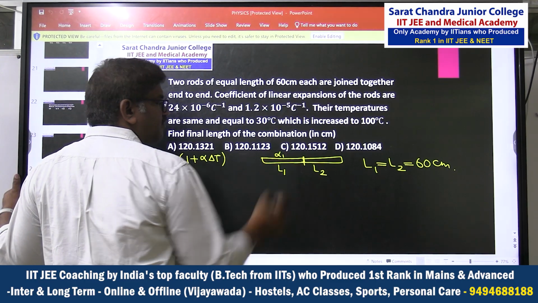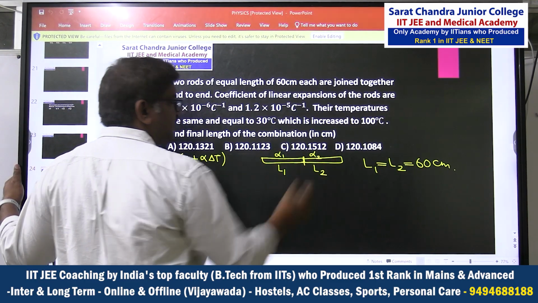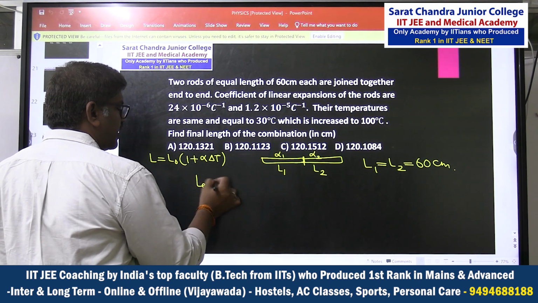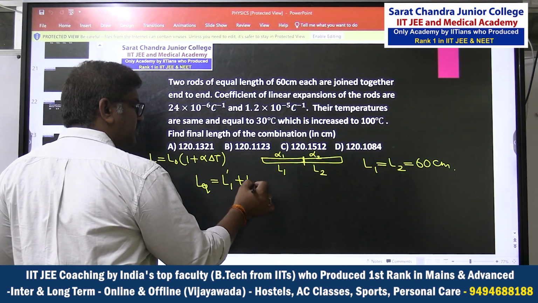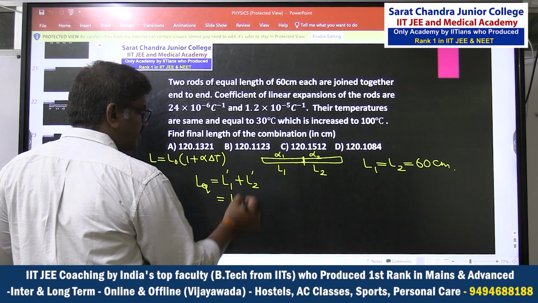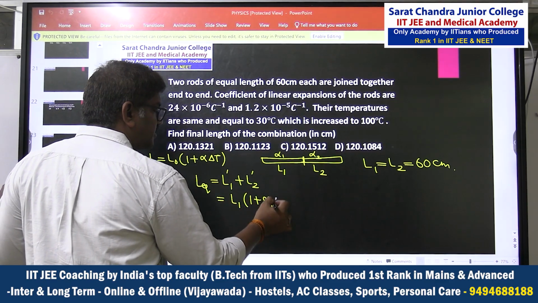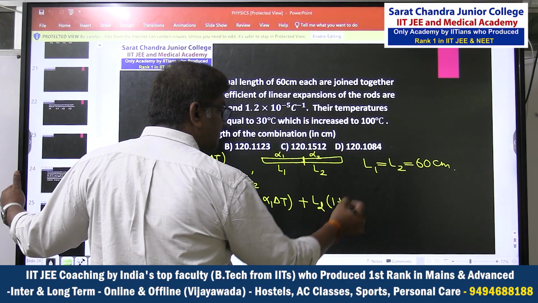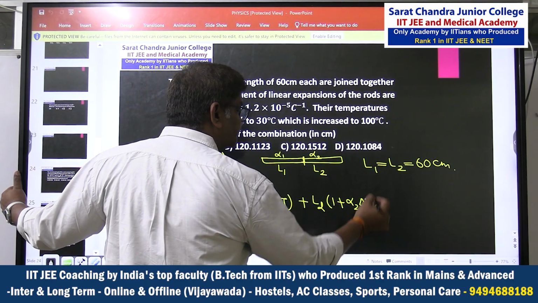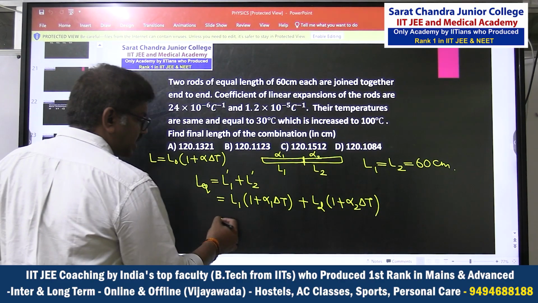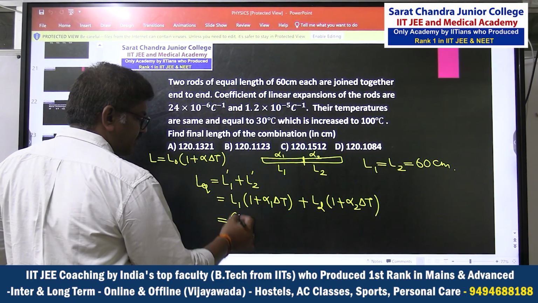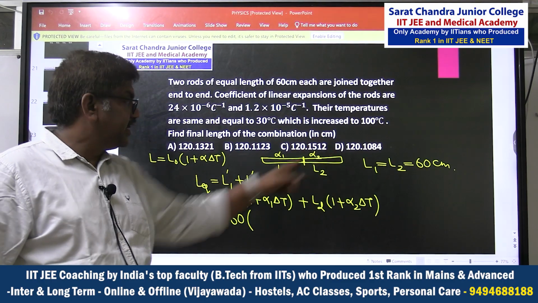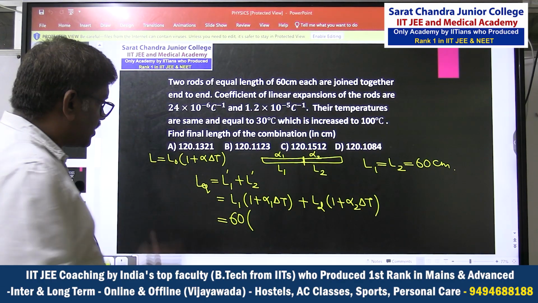These are expanding with coefficients of expansion alpha 1 and alpha 2. So the final equivalent length will be L1 dash plus L2 dash. That will be L1 (1 plus alpha 1 delta t), and L2 dash will be L2 (1 plus alpha 2 delta t). Since L1 and L2 are both 60 centimeter, and the answer is asked in centimeters, I am not going to change the units.